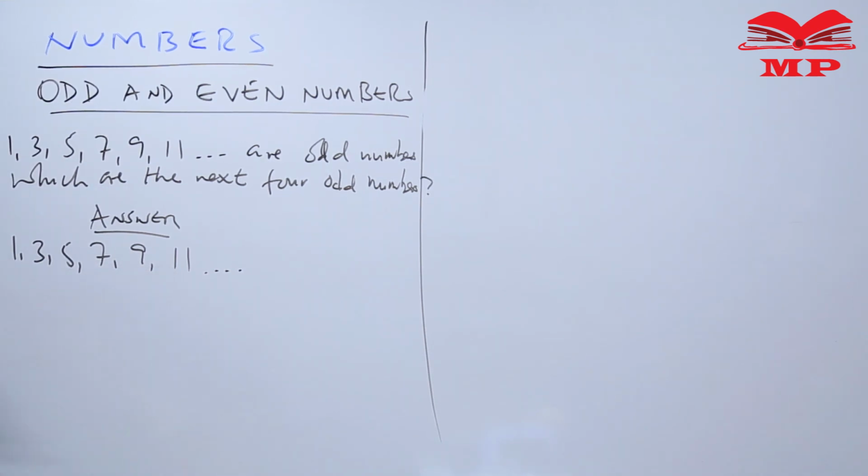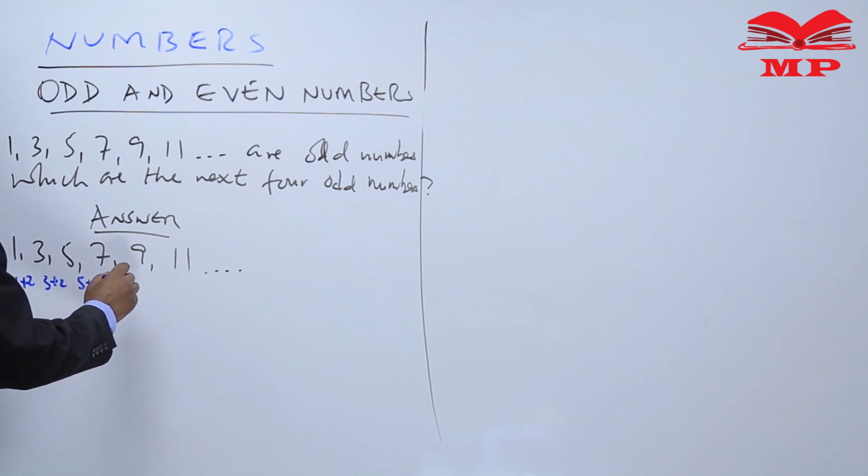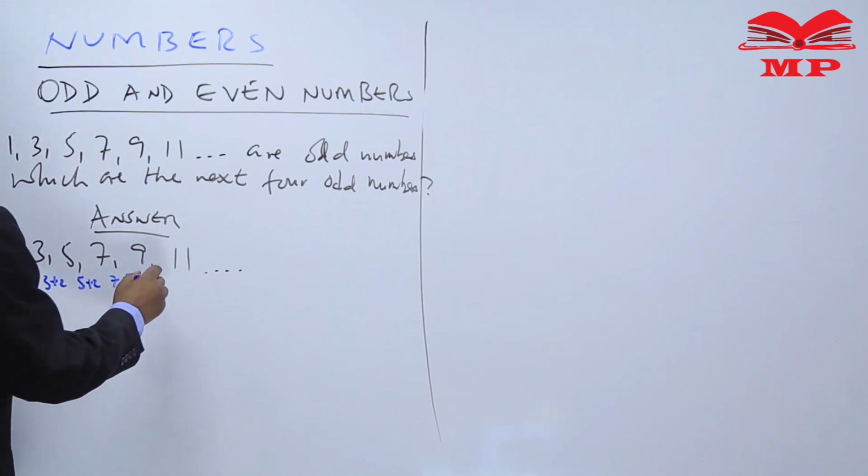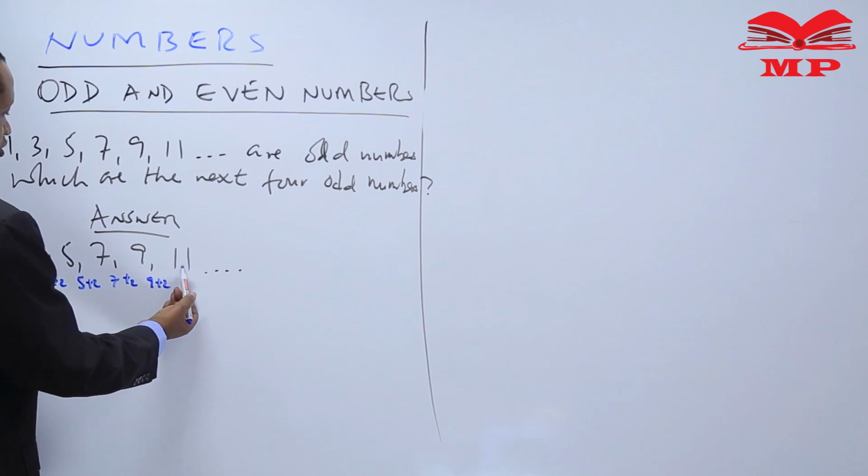And you can see in this pattern, 2 is added to the previous number. 1 plus 2 gives us 3. Then 3 plus 2 gives us 5. Then 5 plus 2 gives us 7. Then 7 plus 2 gives us 9. Then 9 plus 2 is equal to 11.